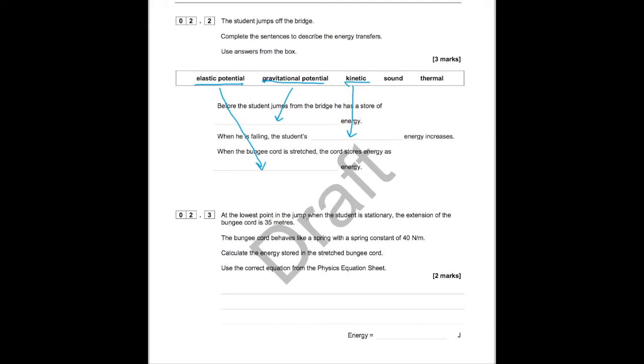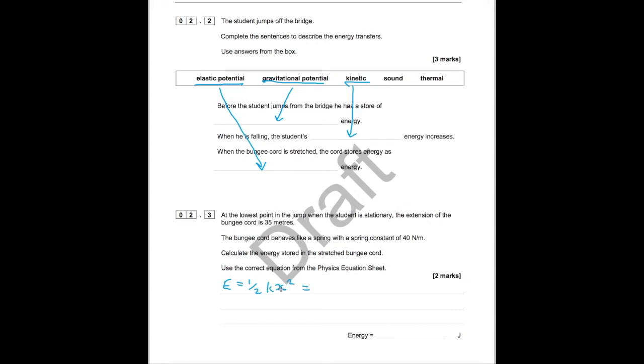At the lowest point in the jump, when the student is stationary, the extension of the bungee cord is 35 meters. The bungee cord behaves like a spring with a spring constant of 40 newtons per meter. Calculate the energy stored in the stretched bungee cord. Use the correct equation from the physics equation sheet. Energy equals a half kx squared.